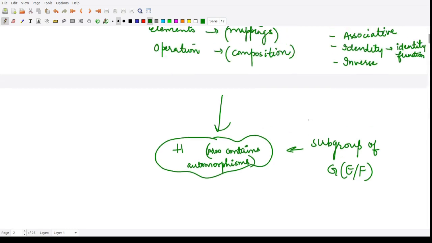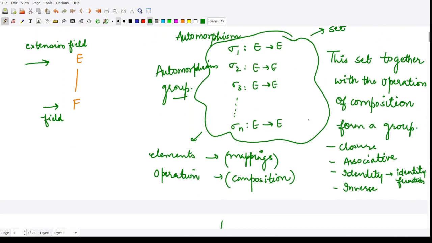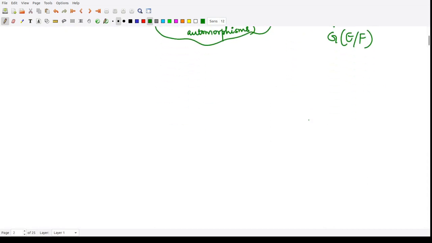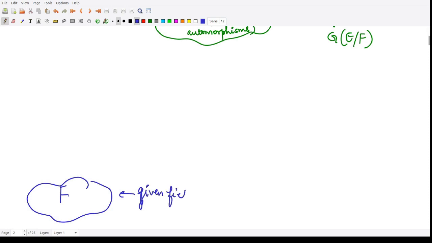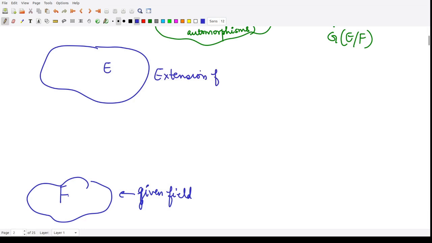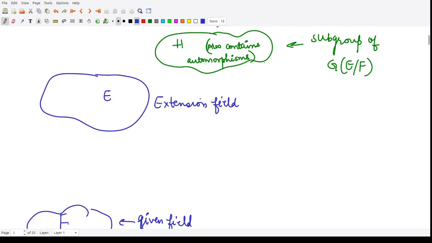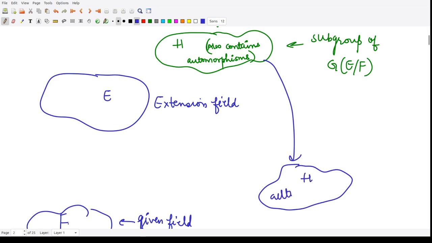Another thing is that this is about the subgroups and groups. And what about fixed fields, and how are we defining it? Now you had this F here, this was some field that was given to you, this was the given field, and then we had an extension field over here as E, this was the extension field. So what we are doing, we are taking this subgroup as H, it consists of the automorphisms.